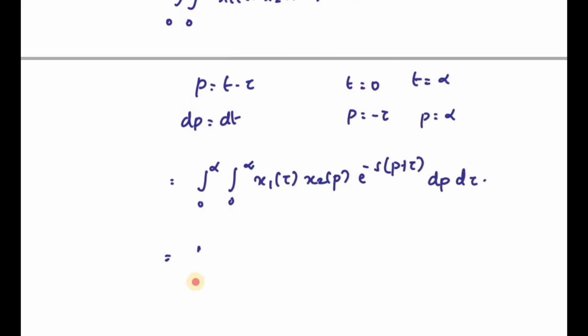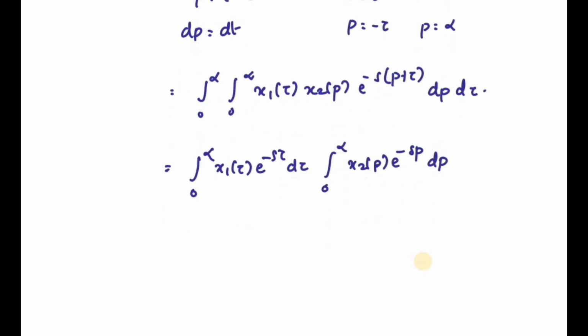So this I can write as integral from 0 to infinity x1 of tau e power minus s tau d tau, into integral from 0 to infinity x2 of p e power minus sp dp. So now this is X1 of s, X2 of s. Hence the proof.